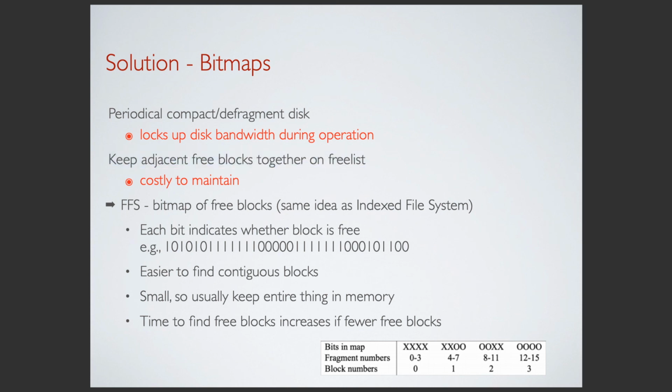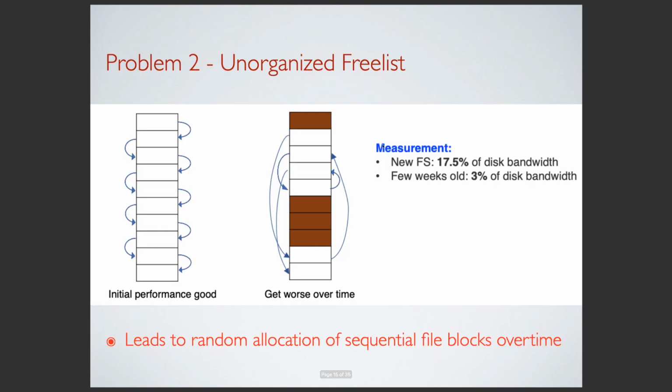And how does that affect the performance? Well, if the disk is fragmented, it affects the disk because of the disk geometry. Especially if you have a hard disk, we're going to see that in problem number 3, and also because this free list is actually harder to manage.